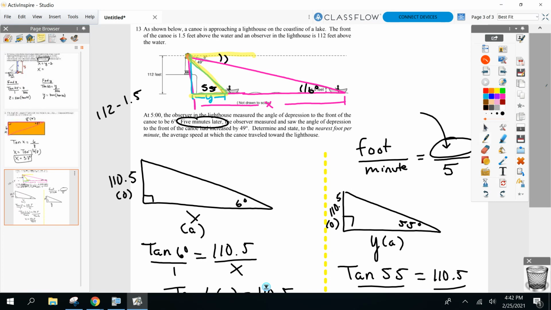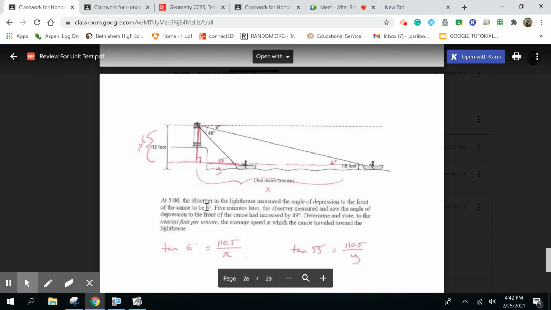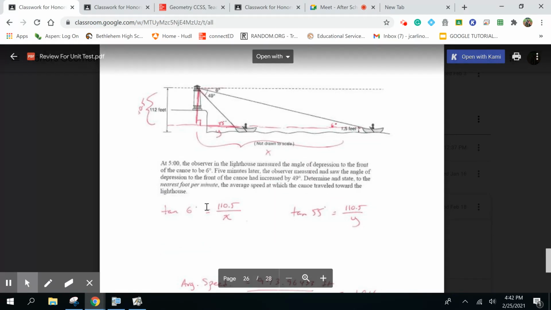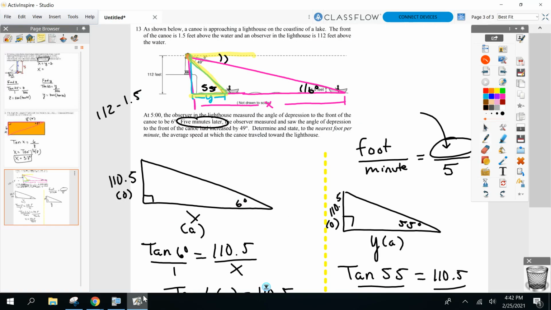Peter, yes. Why do you need to subtract 1.5 from 112? All right, I didn't make the right triangle. Good. Here you go. This will probably help you. I shouldn't have drawn it from the bottom of the canoe here. I should have just drawn it from the right here.